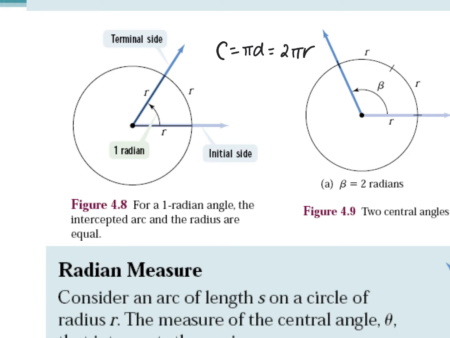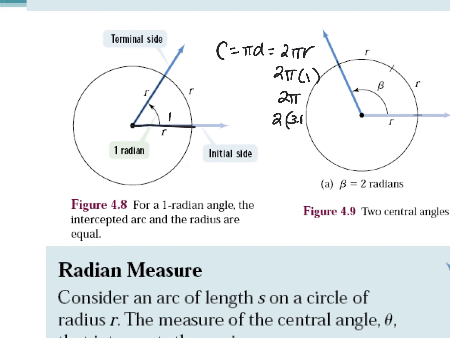So now let's say that our radius is 1, okay? If this was 1 unit long, what's the circumference of this whole circle? 2 pi, right? This would be 2 times pi times 1, which would be 2 pi. Okay, what do we approximate pi to be? 3.14.